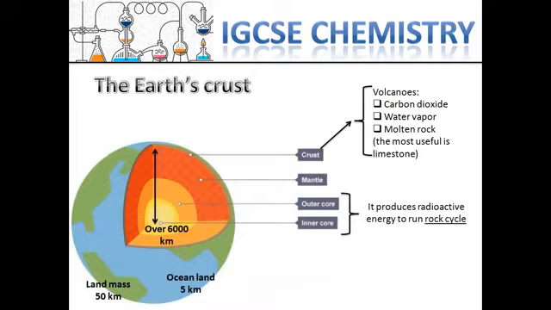We can receive many things through the volcanoes, like carbon dioxide, which comes from below the crust, like the mantle. Another one is water vapor and molten rock. The molten rock is the most useful for extracting limestone from the Earth crust.